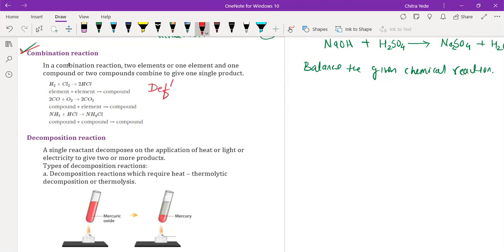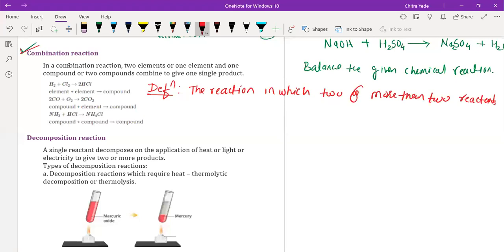So the definition would be: the reaction in which two or more than two reactants combine to form a single product.